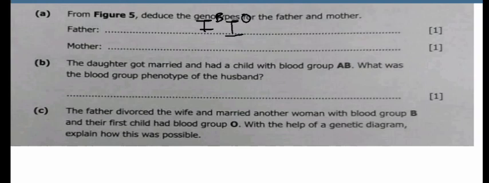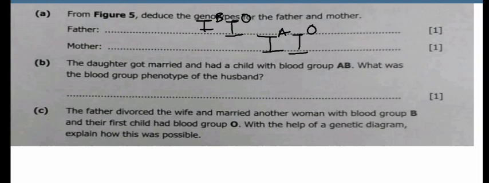Then as for the mother, we need to have this one here, where we are going to say heterozygous dominant. Likewise. Then as for question B, the daughter got married, so the daughter is having blood group B. Okay? Now what kind of blood group B? Is it homozygous dominant or heterozygous dominant? That is what we need to resolve.